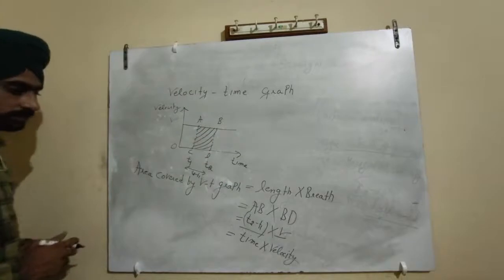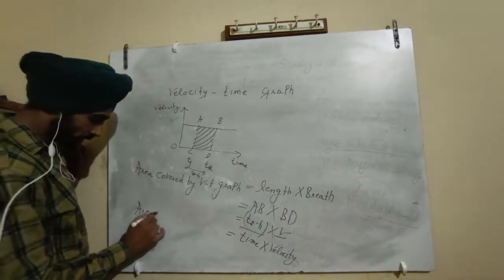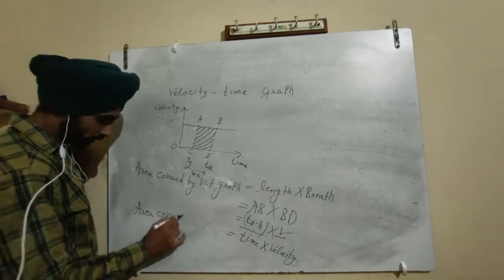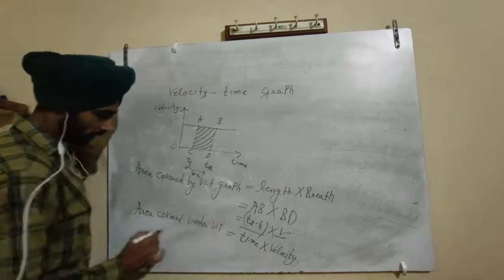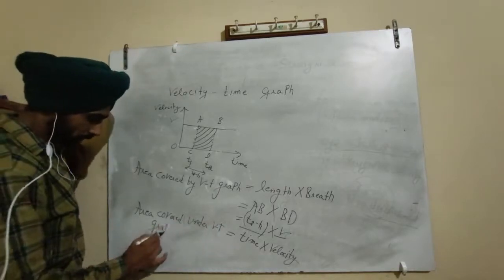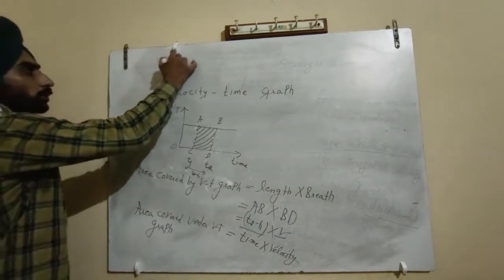Note down this thing. Write on the left hand side: area covered under VT graph. So you know the formula of velocity. What is the formula of velocity?